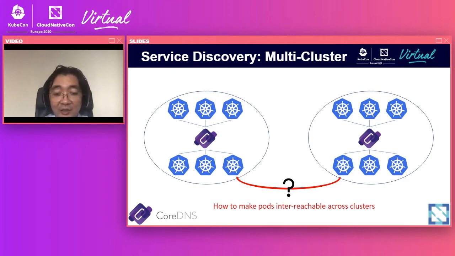Like some cluster might be in your private data center, some cluster might be on AWS, and some cluster might be on Google Cloud. How are you going to make sure your services in one cluster can be accessible from another service in another cluster and behave just like one unified cluster?